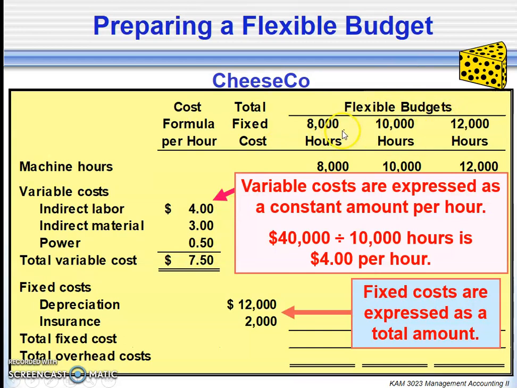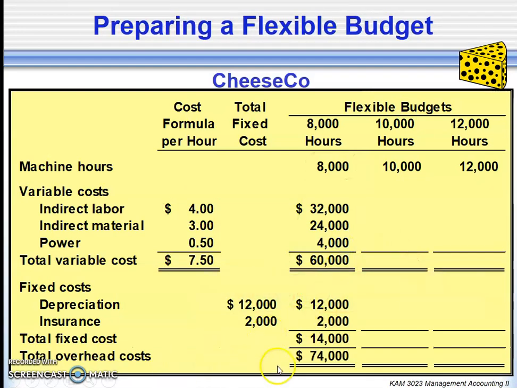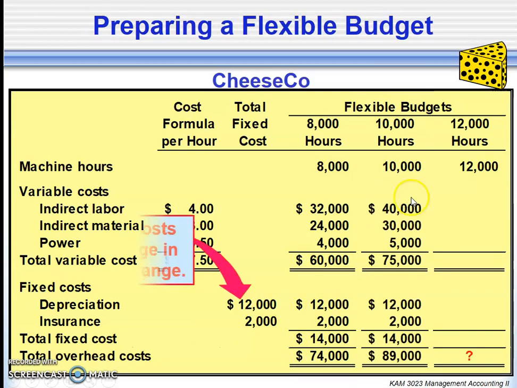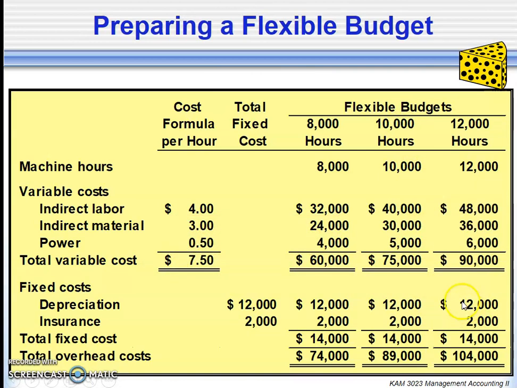So under flexible budget, we do on certain activities: 8,000, 10,000, and 12,000. So under 8,000 hours, we get all those figures inserted and we get the total variable cost of 60,000, and at the end we get the total overhead cost of 74,000. So under 10,000, and under 12,000.